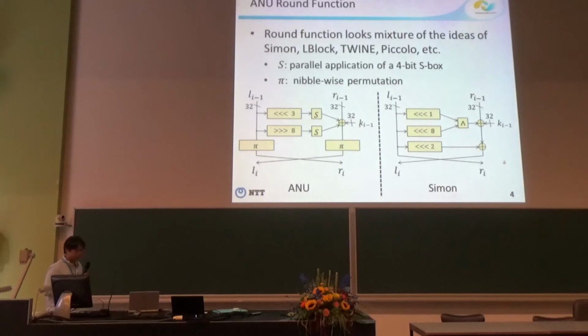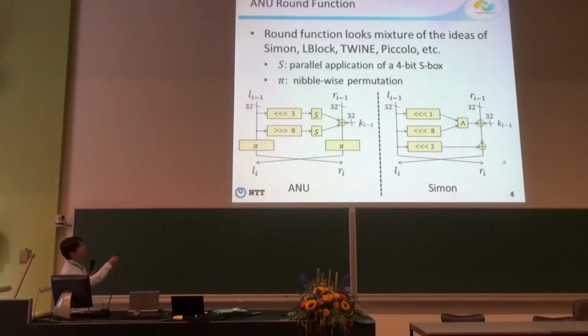And I'd like to briefly introduce the round function and the key schedule function of the ANU block cipher. The round function looks like a mixture of Simon, BlockTwine, and Piccolo. It is a 64-bit cipher, and it adopts a two-branch balanced Feistel style.